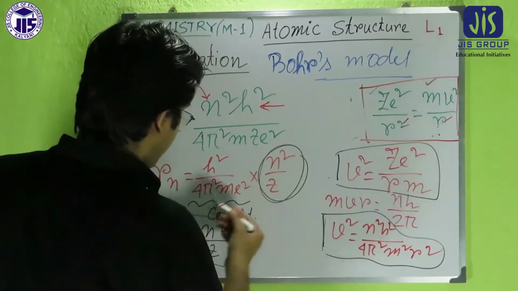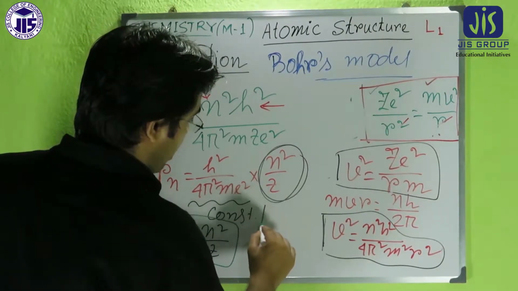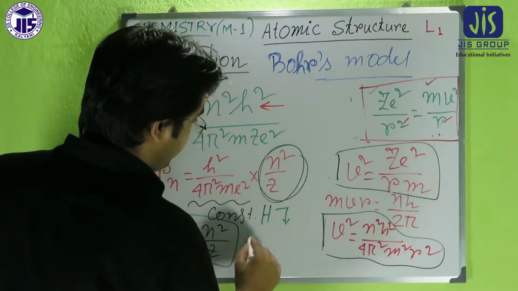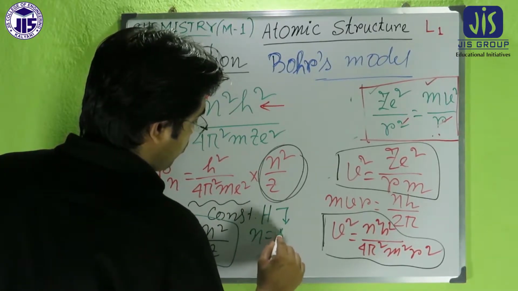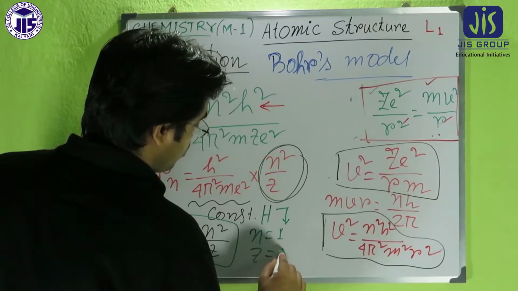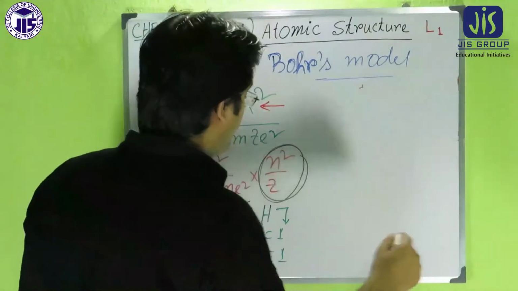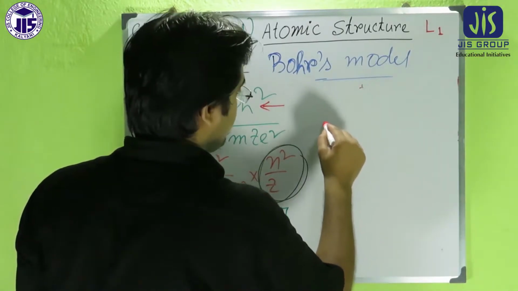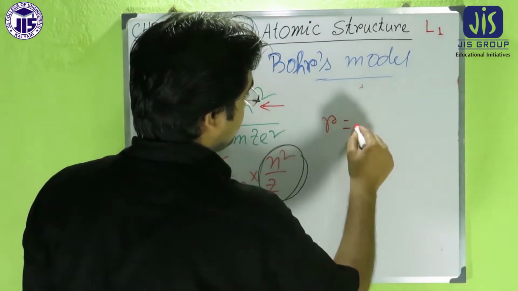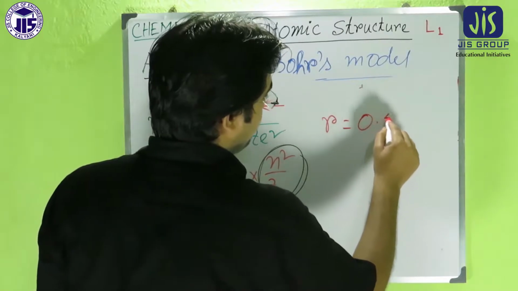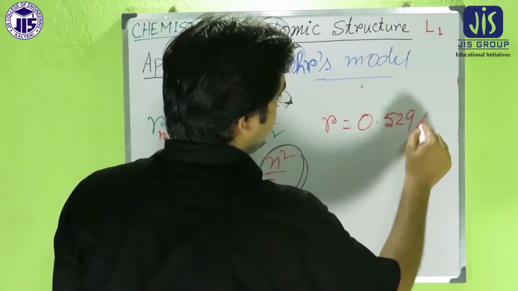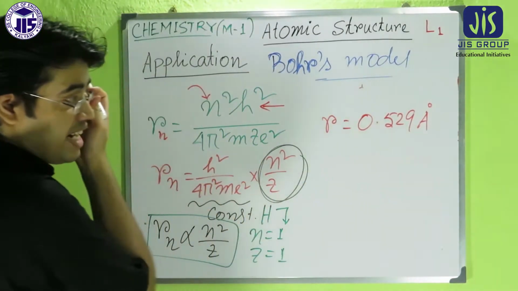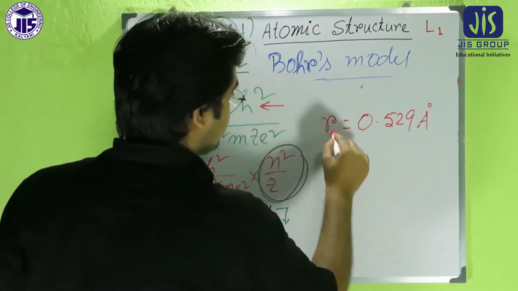If we put in the values for the hydrogen atom, n equals 1 and Z equals also 1. So if we put all the values for the hydrogen atom, then what happens? R equals 0.529 angstrom. That is a standard value for the hydrogen atom.